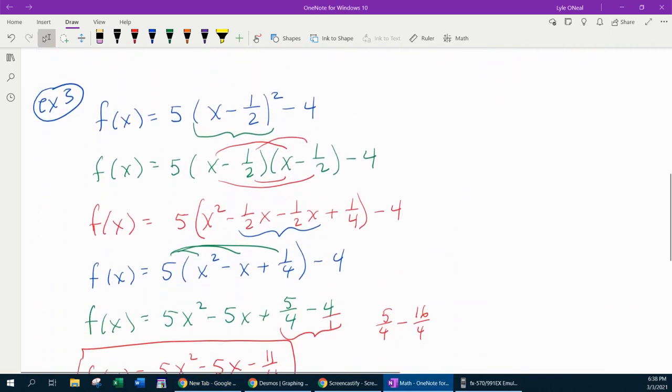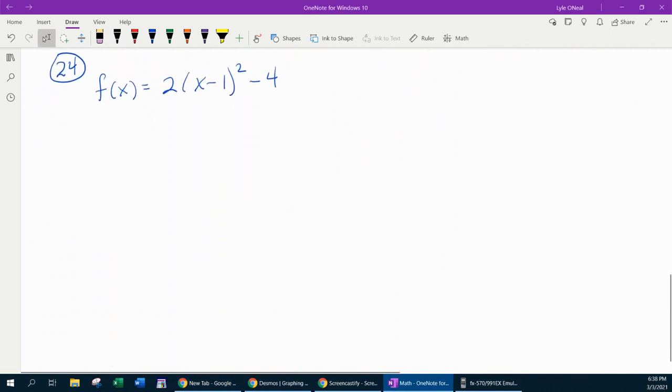So what I thought we would do is start with number 24 because, in my opinion, it's easier to do all of that work if your function is in vertex form, which number 24 is.